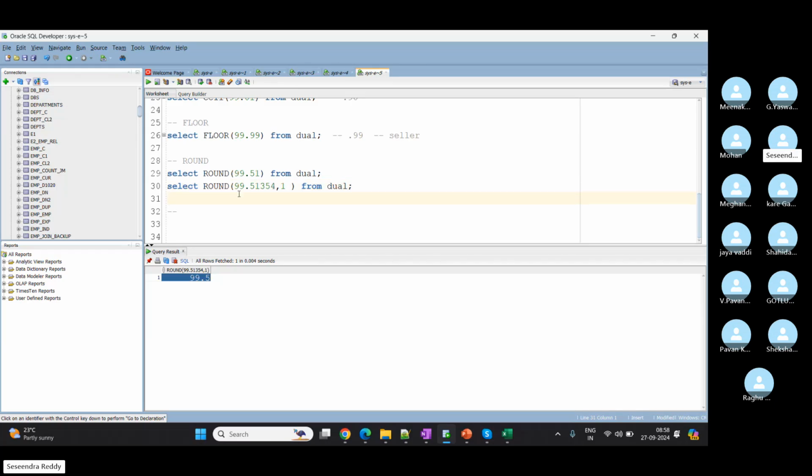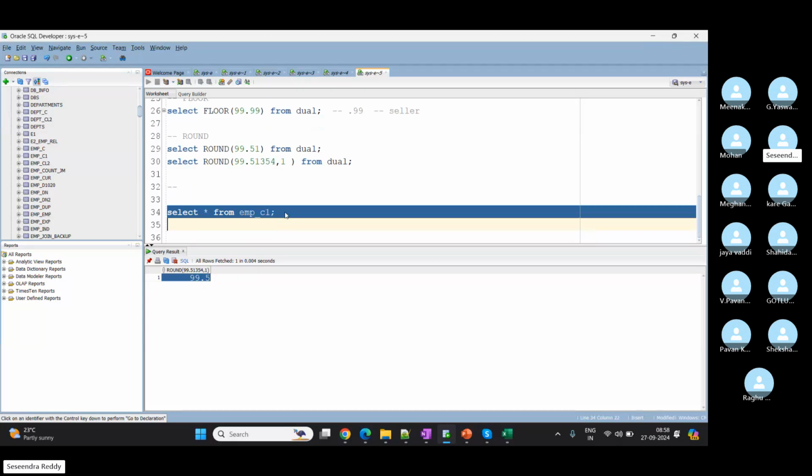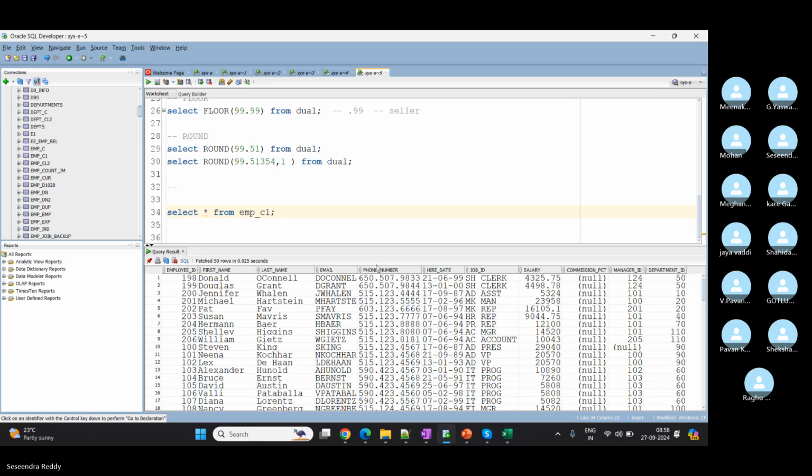Do you want to see more examples? Now let's go back to our table p_c1.